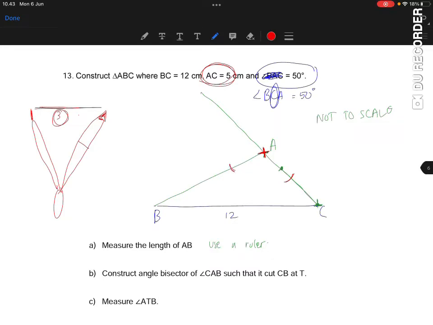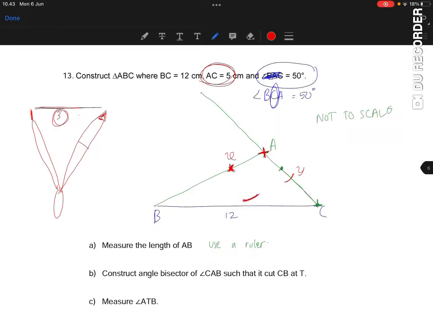Okay. After that, with the same radius, with the same compass, do not change the radius again. Do not change the distance between the pencil and needle. Put your needle at point X and mark the arc.